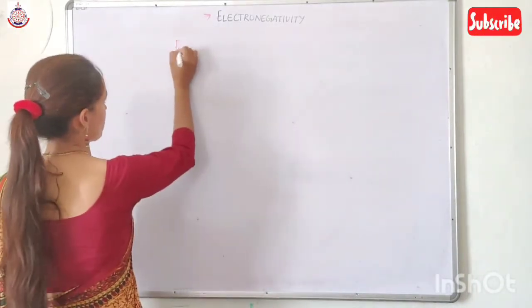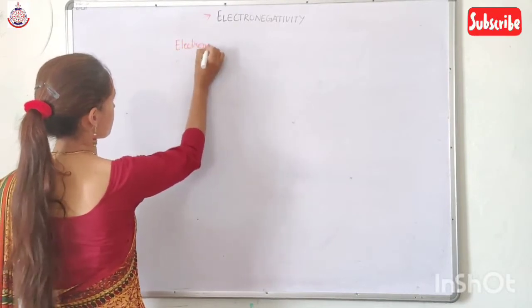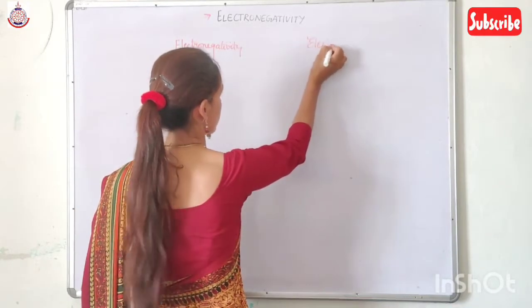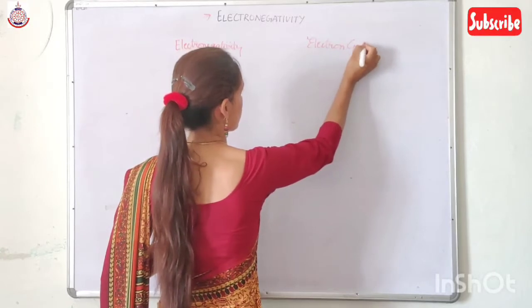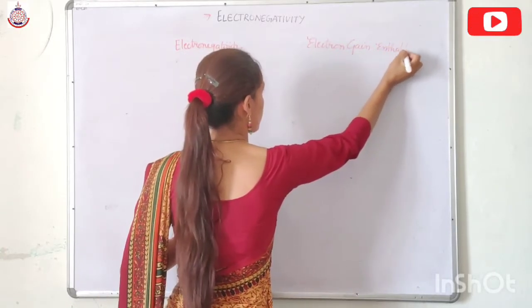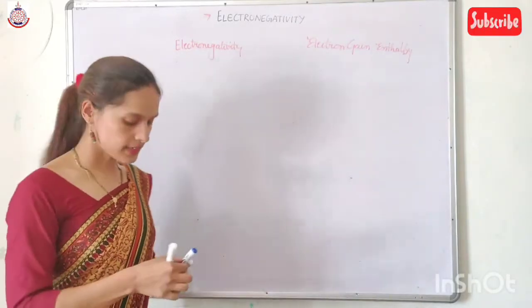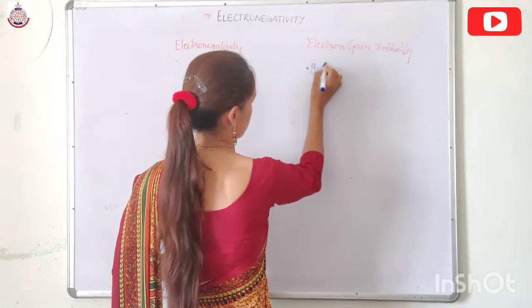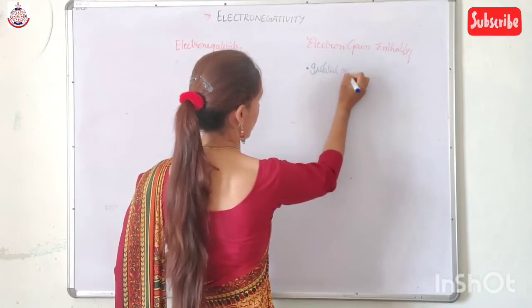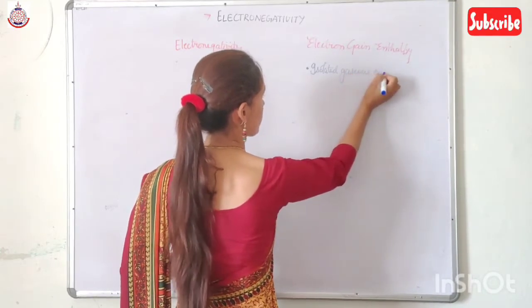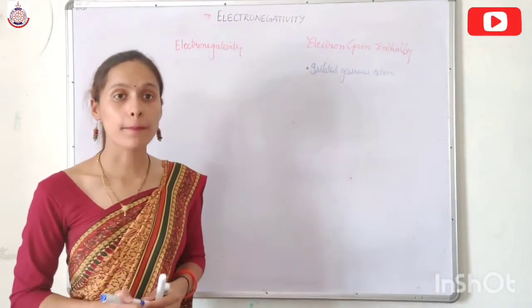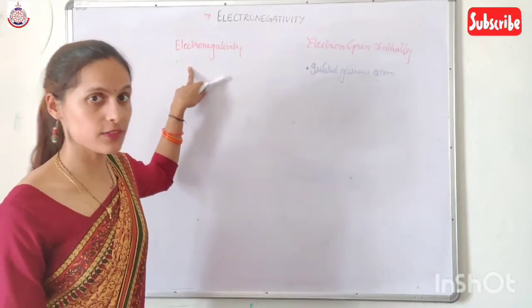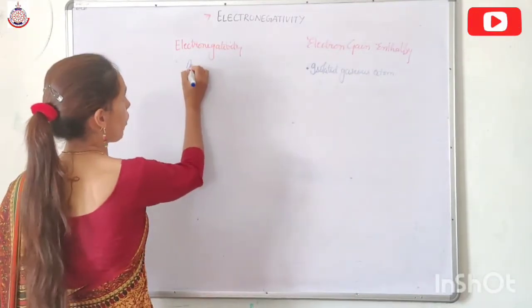So the first difference is that electron gain enthalpy is a property of an isolated gaseous atom, but electronegativity is the property of a bonded atom.